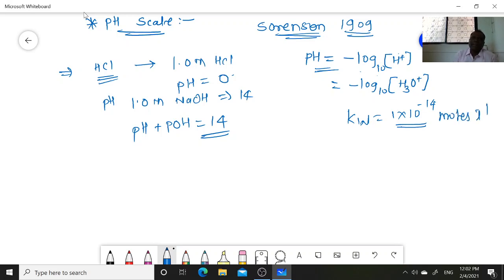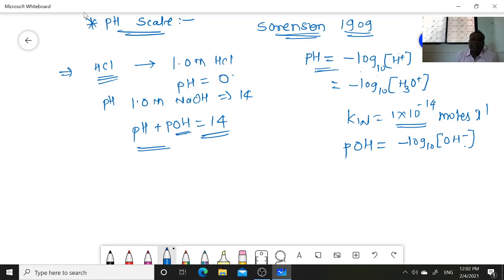If we take the negative log to the base 10 of this, it will be equal to 14. Therefore, pOH is equal to negative log to the base 10 of the OH minus concentration. Now remember that pH plus pOH is equal to 14. Always it is equal to 14.